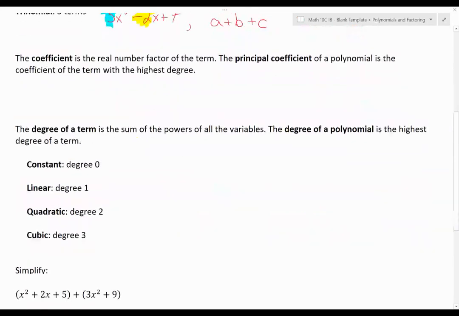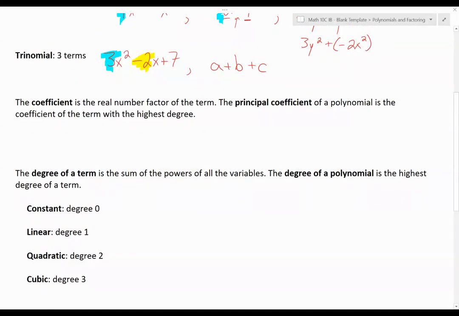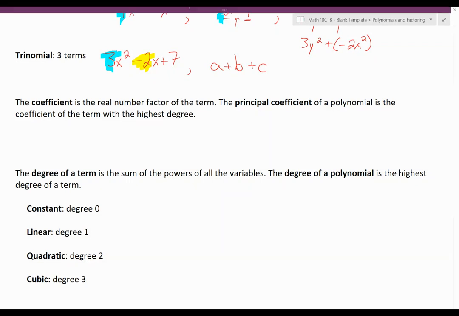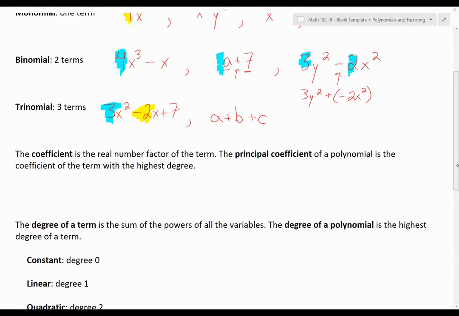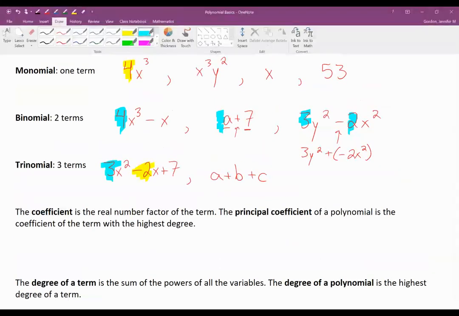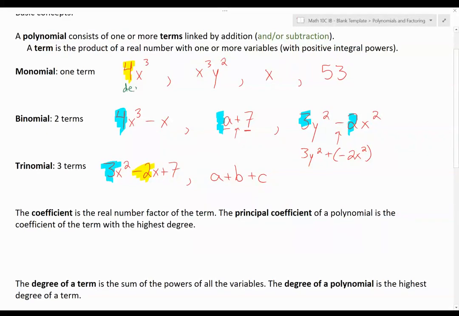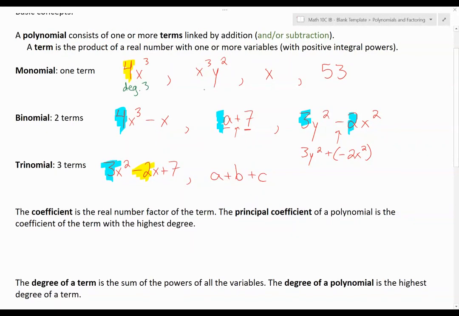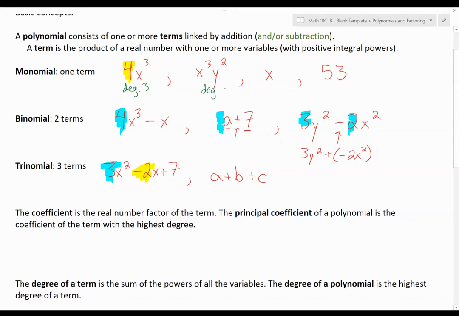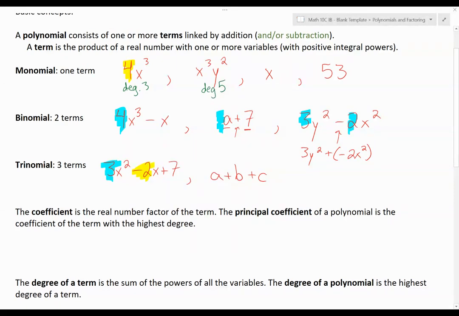Degree relates to powers, so it relates to exponents. The degree of a specific term is the sum of all the powers of the variables. So if I come back to these examples, the degree of this monomial is 3. The degree of this monomial is 5 because I have a power of 3 and a power of 2.